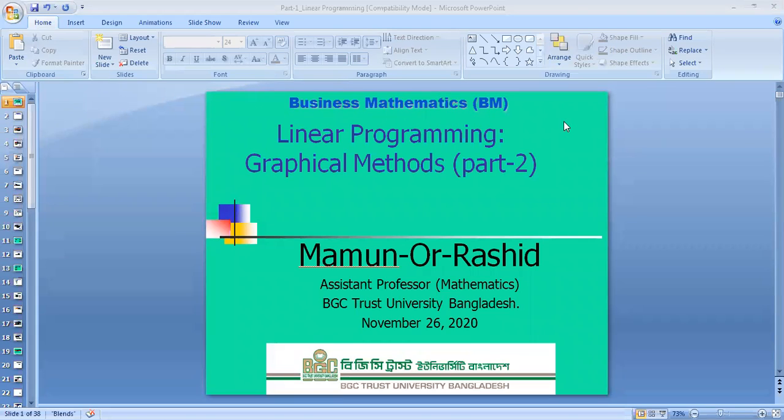In different parts, there are huge applications. We discussed the background, World War II, and the purpose and advantages of linear programming. We also studied the graphical methods, how to solve linear programming using graphical methods. Today is also graphical methods, part 2.